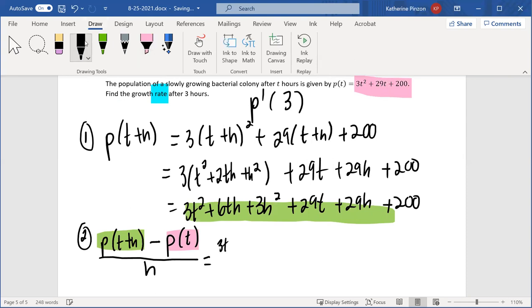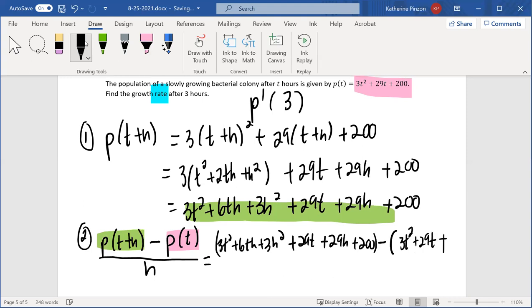Okay, I have to write tiny. 3t squared, 6th, 3h squared, 29t, 29h plus 200, minus the pink function, 3t squared, 29t plus 200, all divided by h.